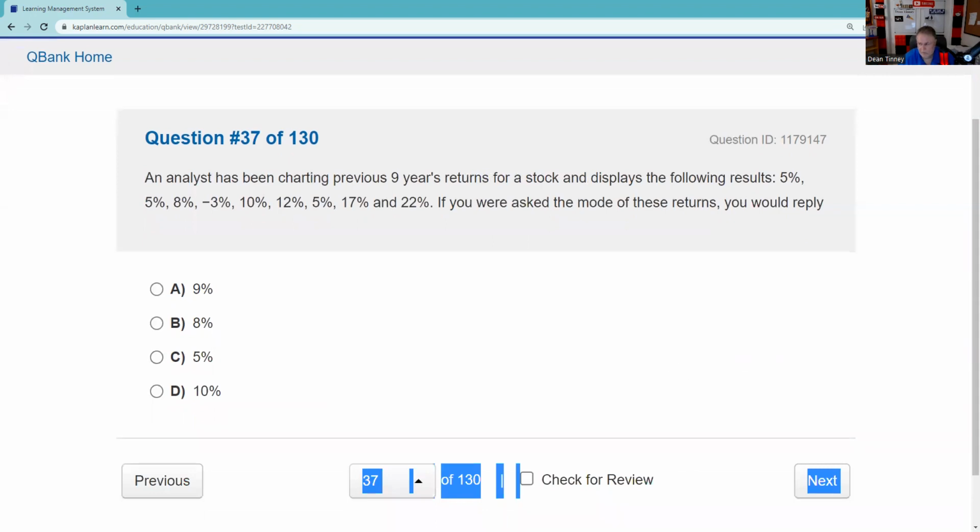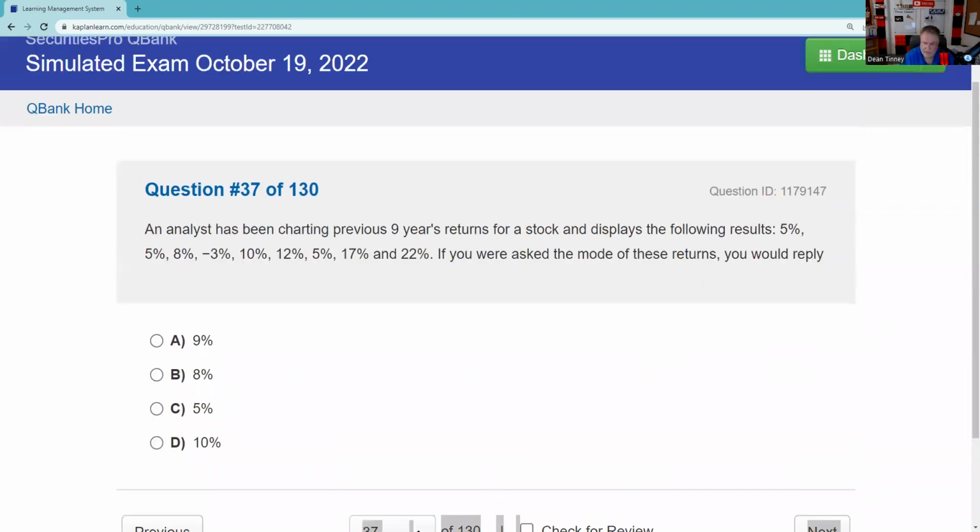The mode. So remember, the mode is the number that appears the most often. I think the one you're going to have to be able to do on the test is the median, just a simple average, right?